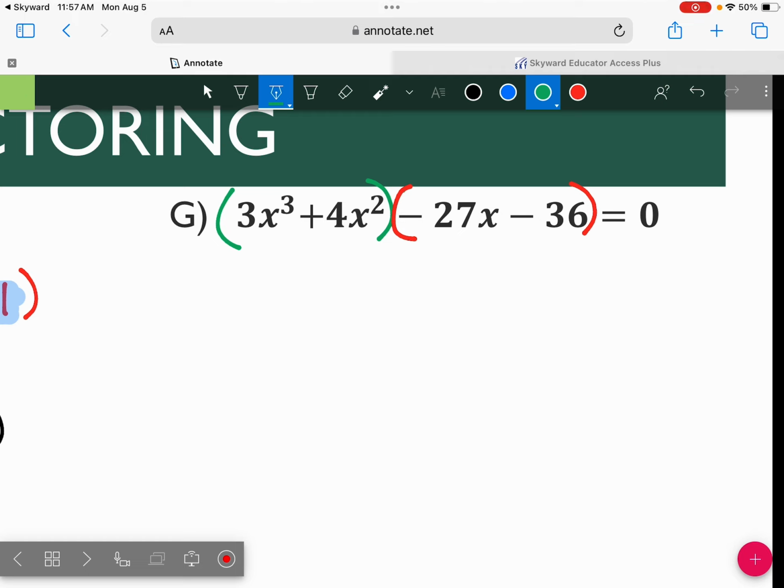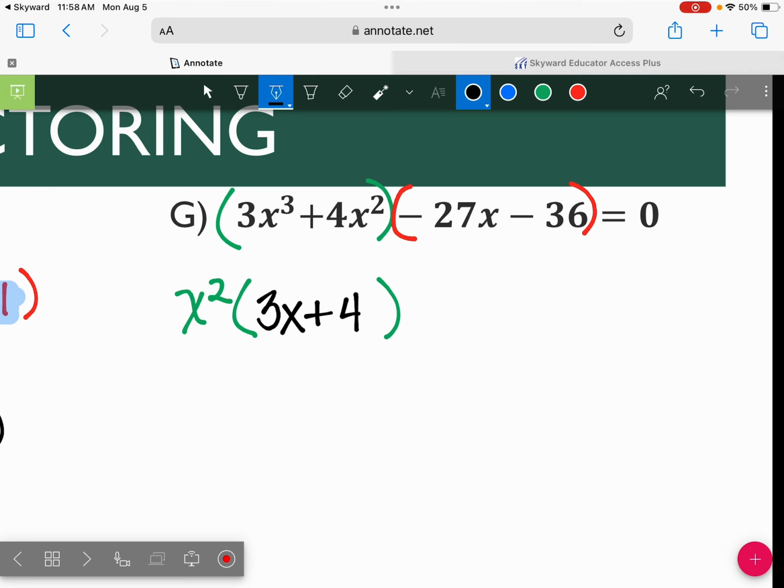So what do you think our GCF will be in that green group? What do they both have that we can take out? X squared, yep, let's take it out. And that's gonna leave us with 3x plus 4.